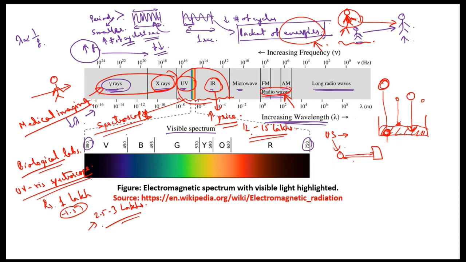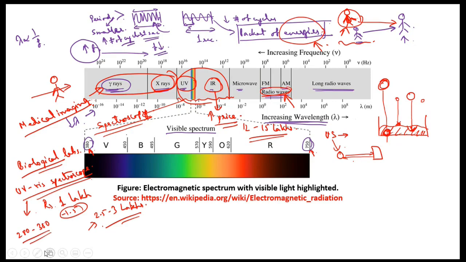Here again, in the UV visible spectrum, the wavelength starts from 380 and ends at 750. In the UV region, the general UV visible spectroscopes usually function in the range of 280 to 380.